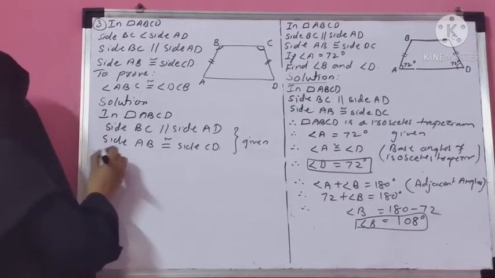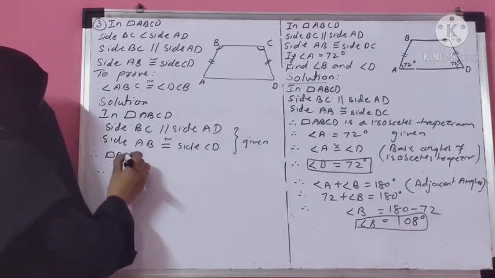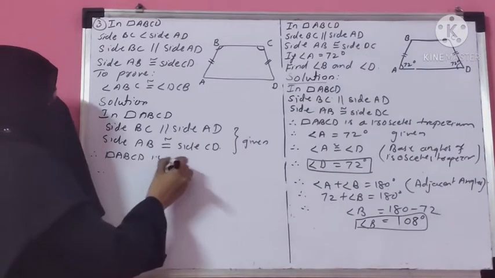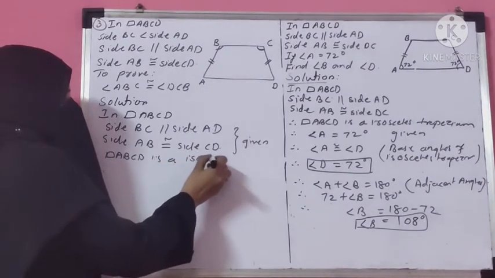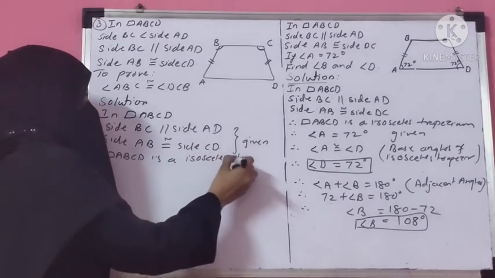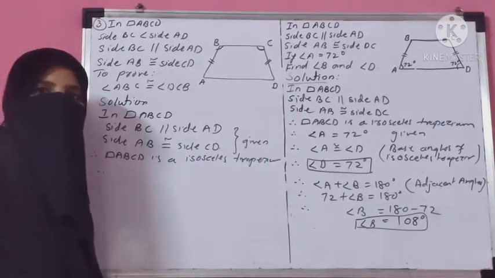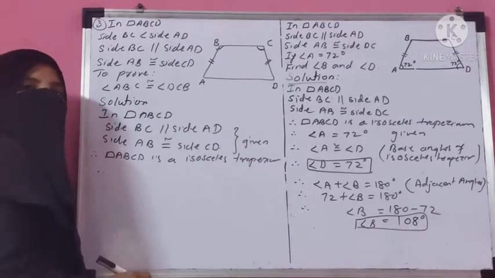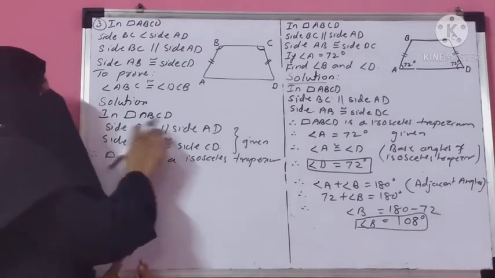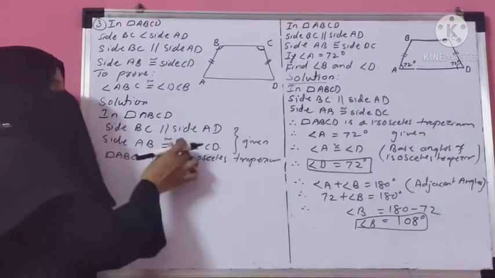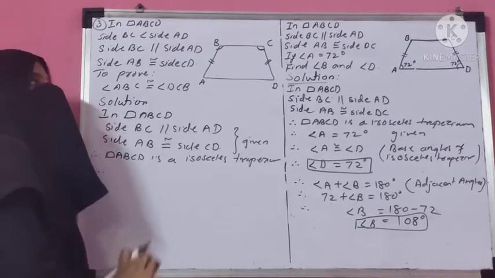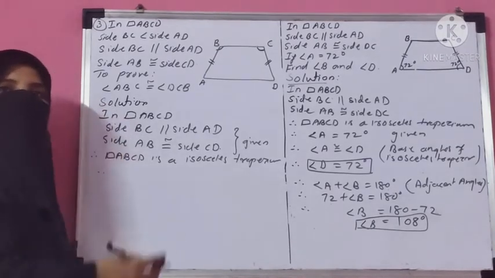So therefore quadrilateral ABCD is an isosceles trapezium. This quadrilateral is an isosceles trapezium as one opposite side is parallel and one opposite side is congruent. And in an isosceles trapezium, base angles are congruent.